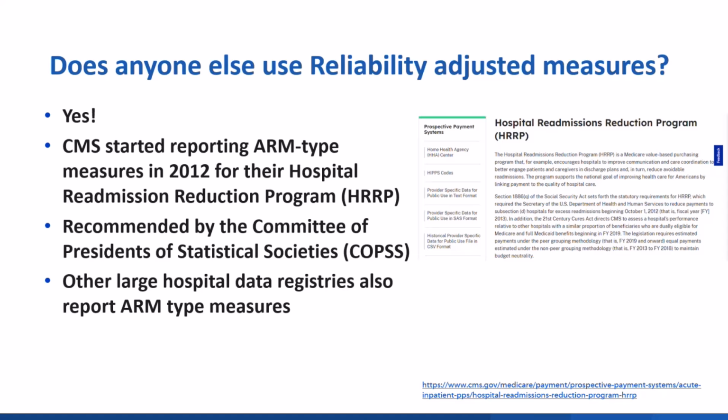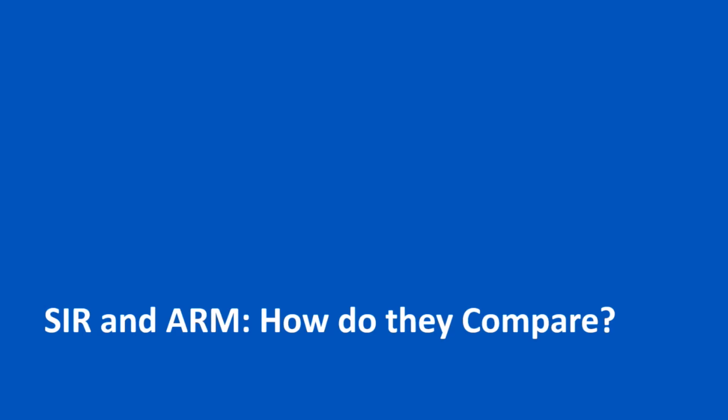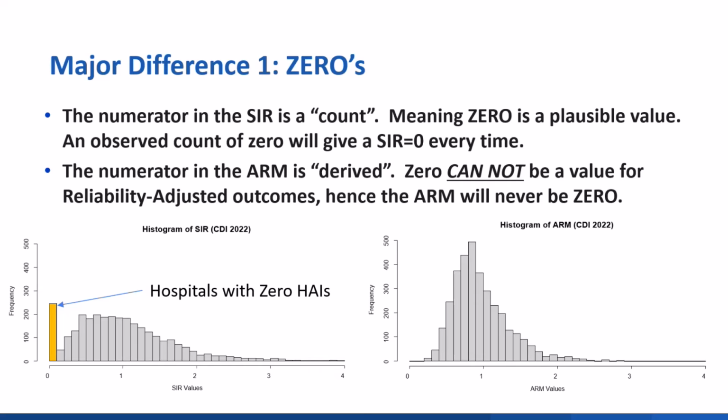So the SIR and the ARM, let's look at how they compare. Now, if you were to ask me, Kevin, what is the biggest difference between the SIR and the ARM in a nutshell, I would tell you it's 0. And I'm not saying 0 as a creative way to say there's no difference between them. I'm saying literally the number 0 is the biggest difference between the SIR and the ARM.